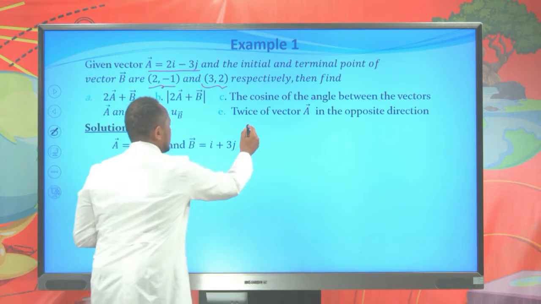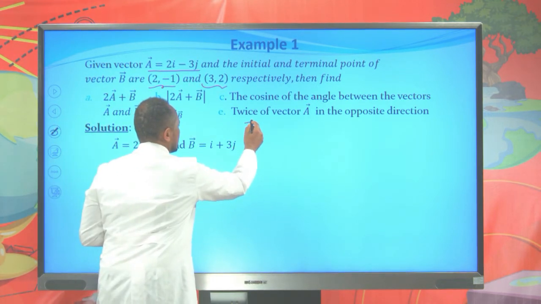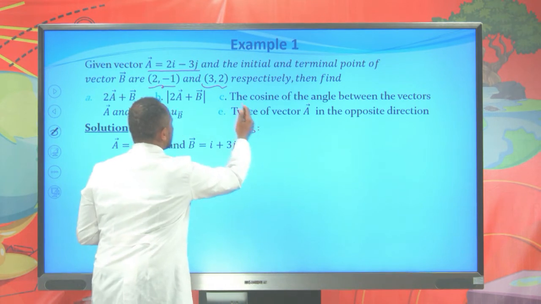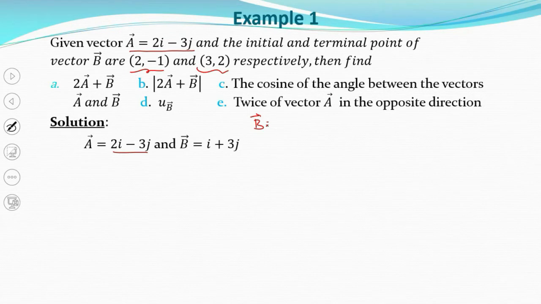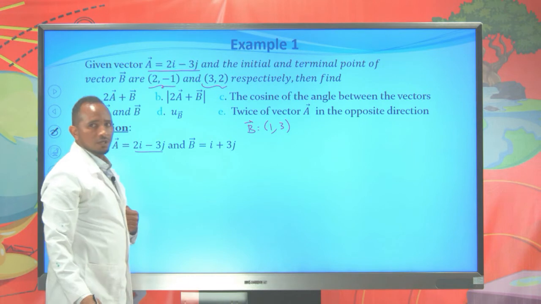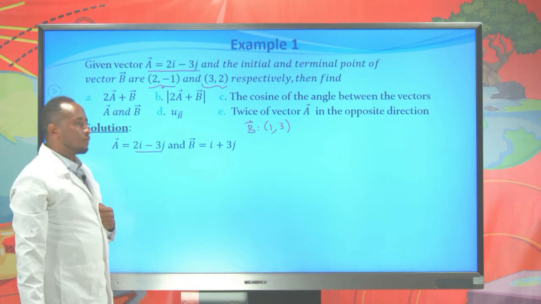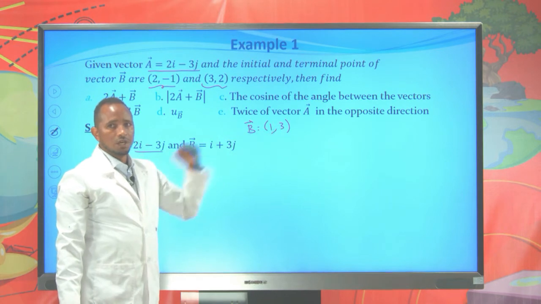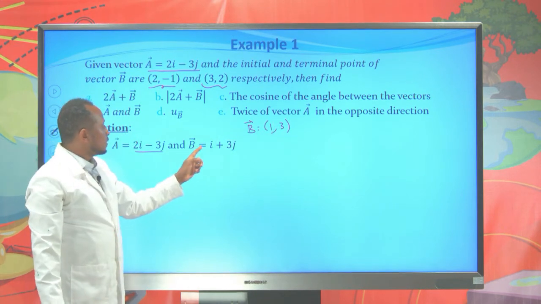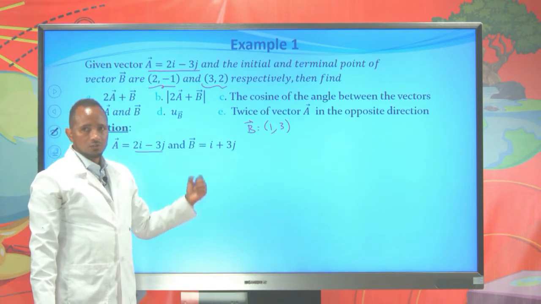Therefore, vector B is simply the difference of their components, terminal minus initial: 3 minus 2 is 1, comma, 2 minus negative 1 is 3. Therefore, in unit vector form, B is i plus 3j. We have these two vectors.